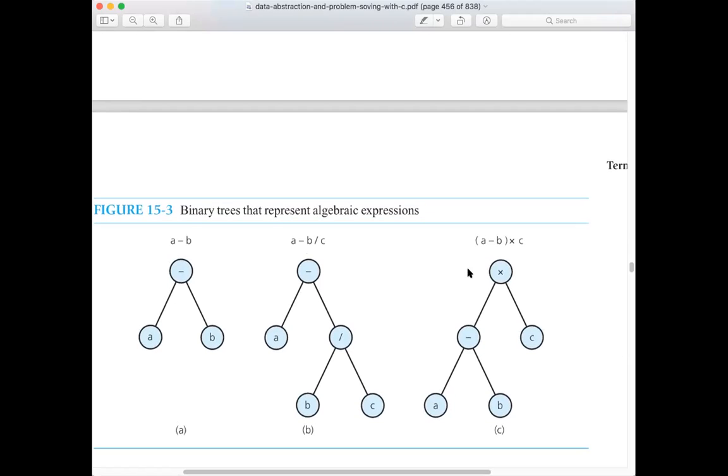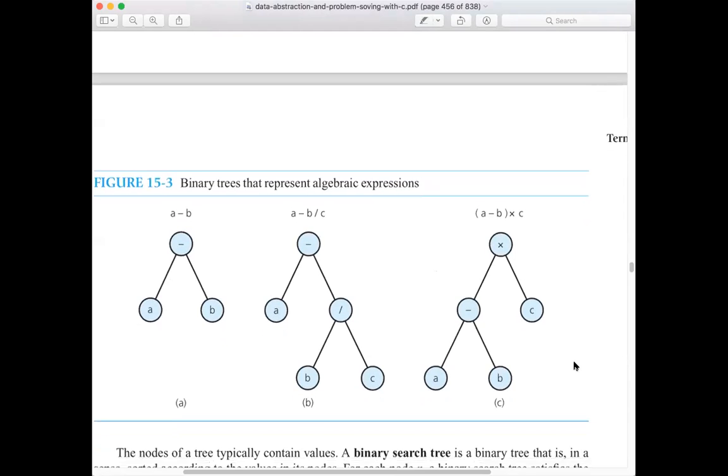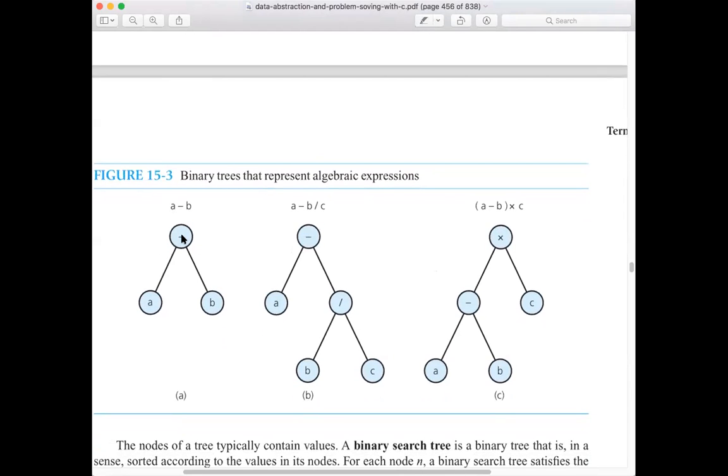We use binary trees for this because the vast majority of our operators are binary, right? Some are unary, one is ternary. So each operator is going to have 2 children.